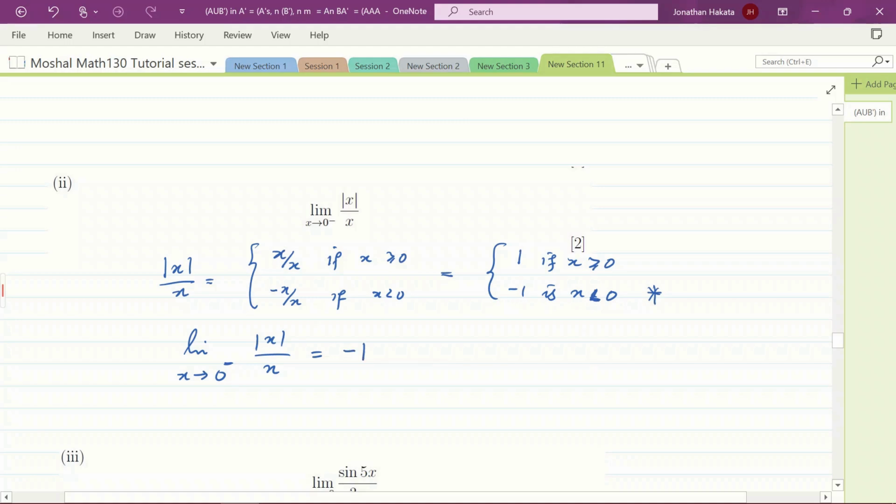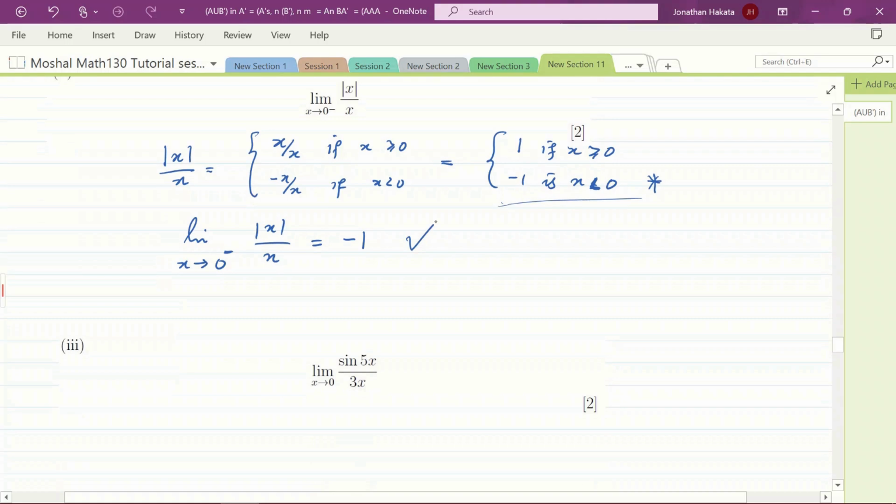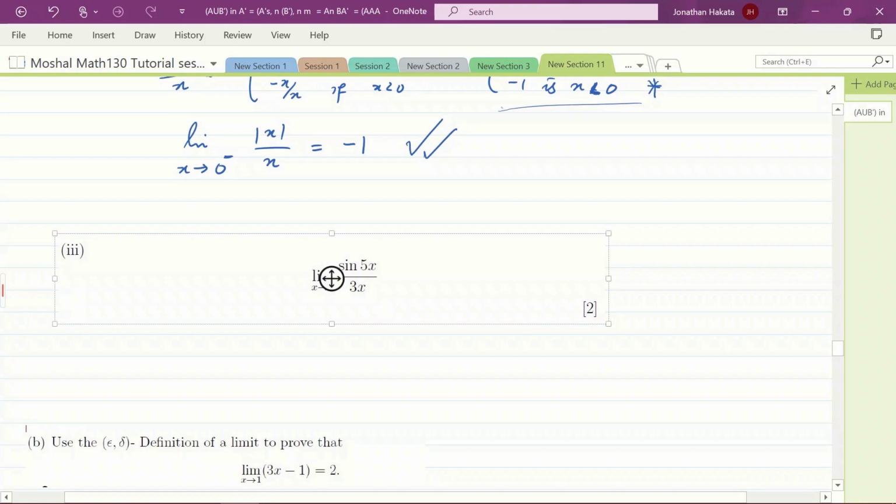Straight away from the definition of the piecewise function. If it was positive, from above, then we're going to say 1. We take the above piece. So if you are approaching from below, then it becomes that.